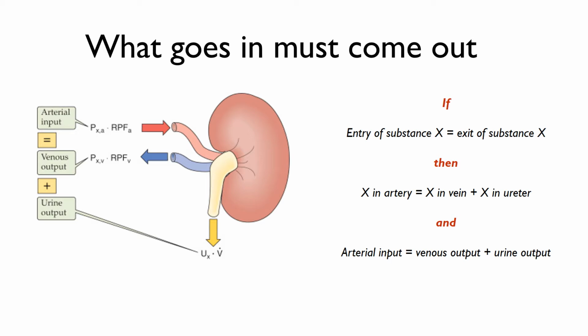But what this means is if something enters the kidney, the entry of substance X must equal the exit of substance X. And if that is true, then the concentration of X in the artery must equal the sum of the X concentration in the vein plus the X concentration in the ureter. And if you were to rewrite that, you get this phrase over here: arterial input equals venous output plus urine output.